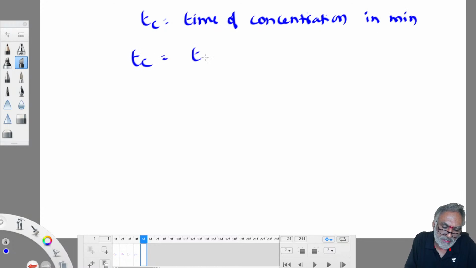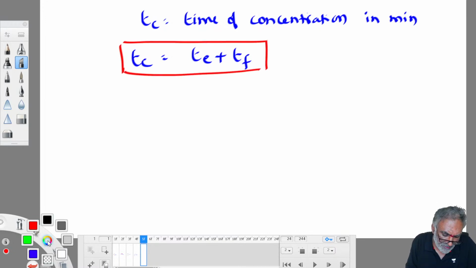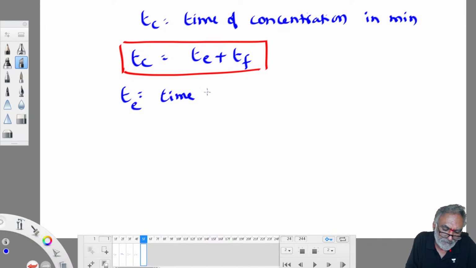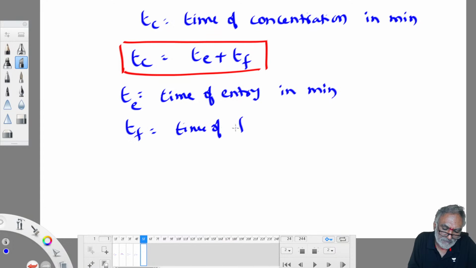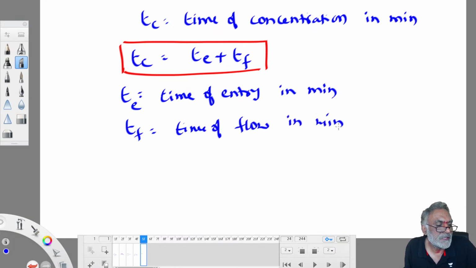Time of concentration in minutes is equal to time of entry plus time of flow, where T_E is known as time of entry in minutes and TF is known as time of flow in minutes.